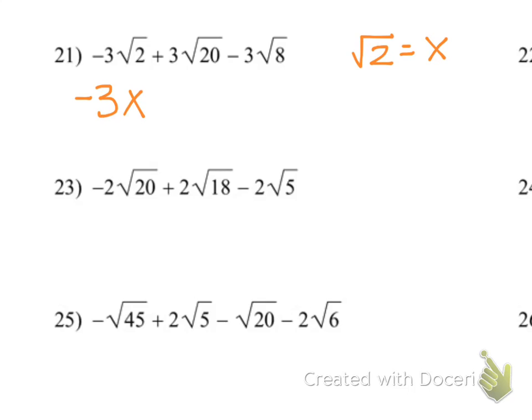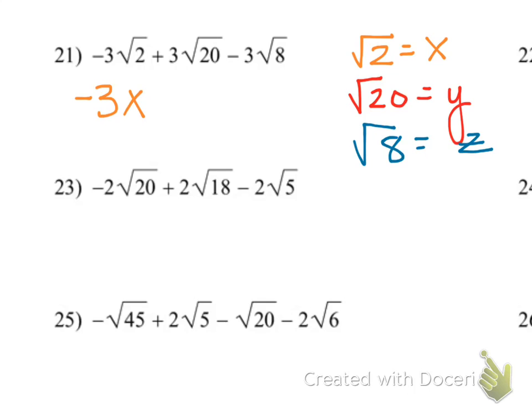And let's just say, for argument, that the square root of 20 is equal to y. And then we'll just go full out, and we'll presume that the square root of 8 is equal to z. So what we would see is we really have three different variables, don't we?